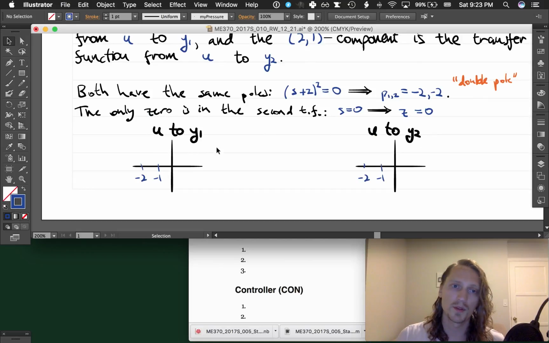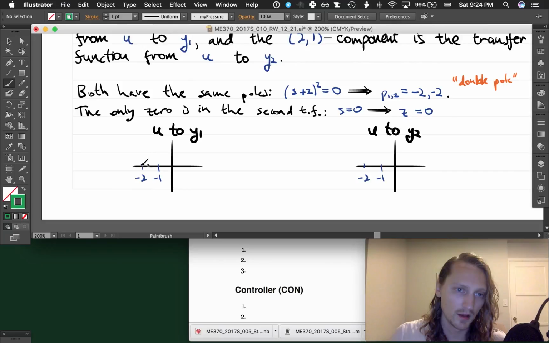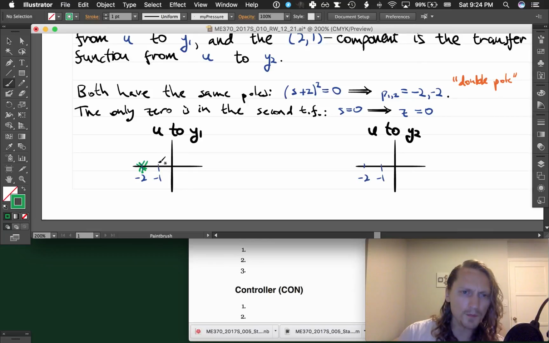And we can do a pole-zero plot for each of these. For the first transfer function from u to y1, we have the two poles showing up at -2. We often write the double pole with this fancy little x, and there are no zeros.